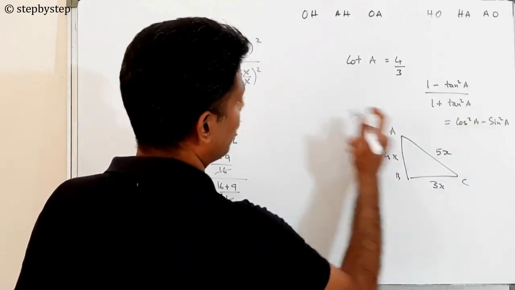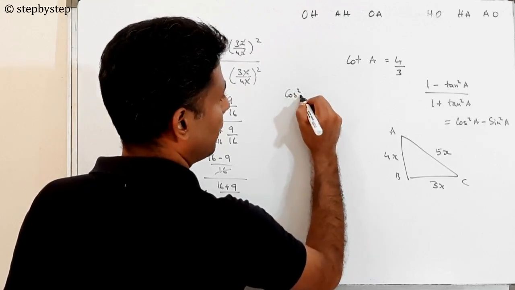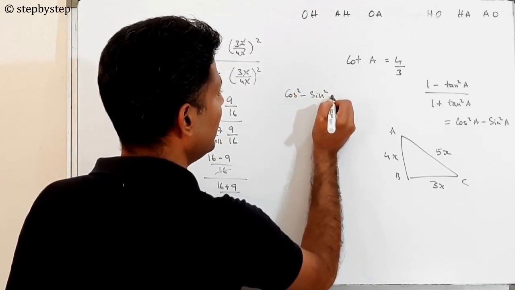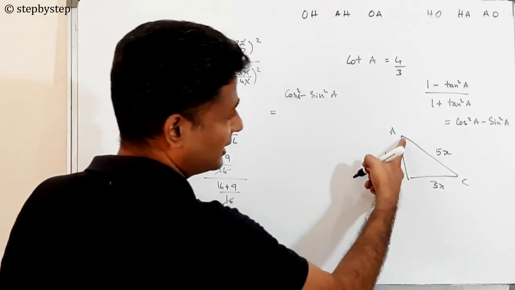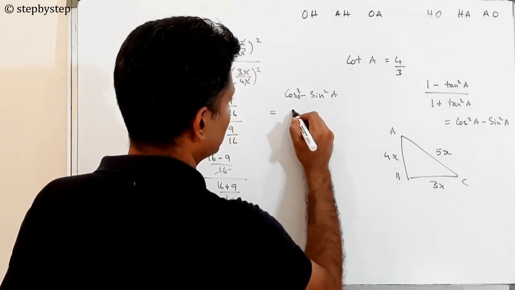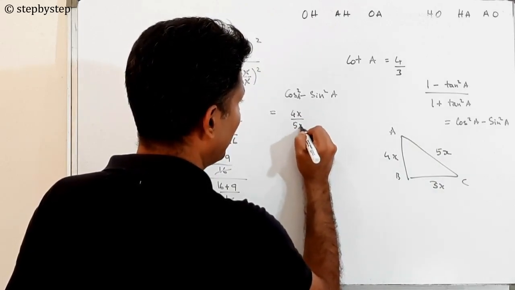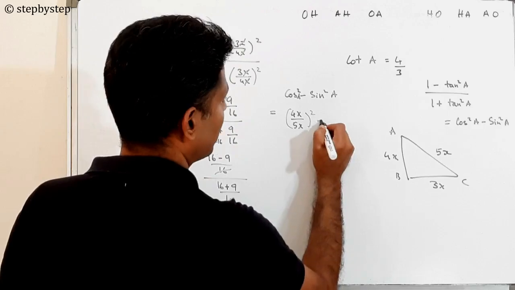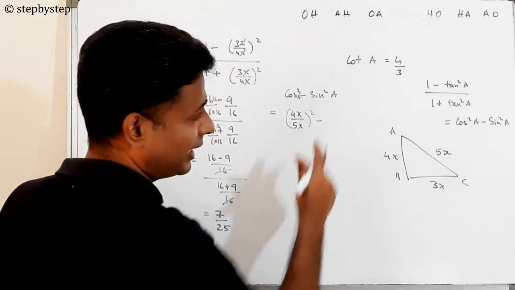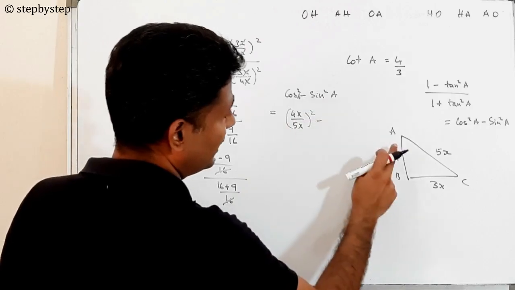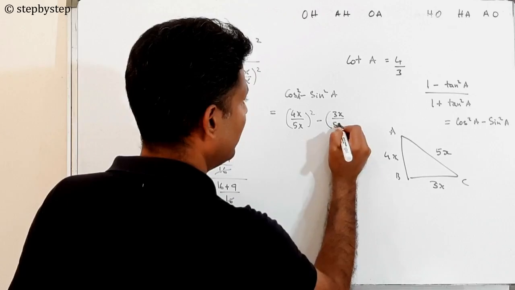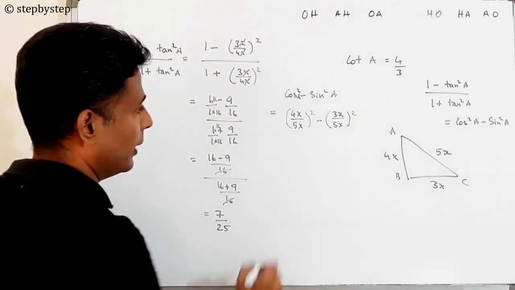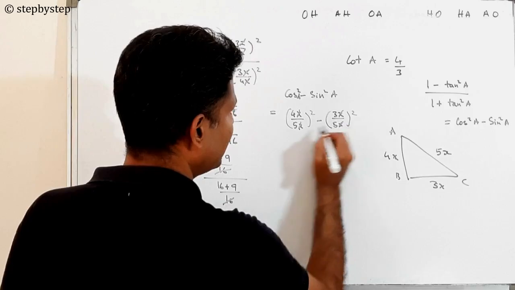Now we have to check for cos square A minus sin square A. So cos square A is cos A whole square. What is cos A? Adjacent by hypotenuse. So (4x by 5x) whole square minus sin square A, which is sin A whole square. Sin A is opposite by hypotenuse, so (3x by 5x) whole square. x and x cancel.